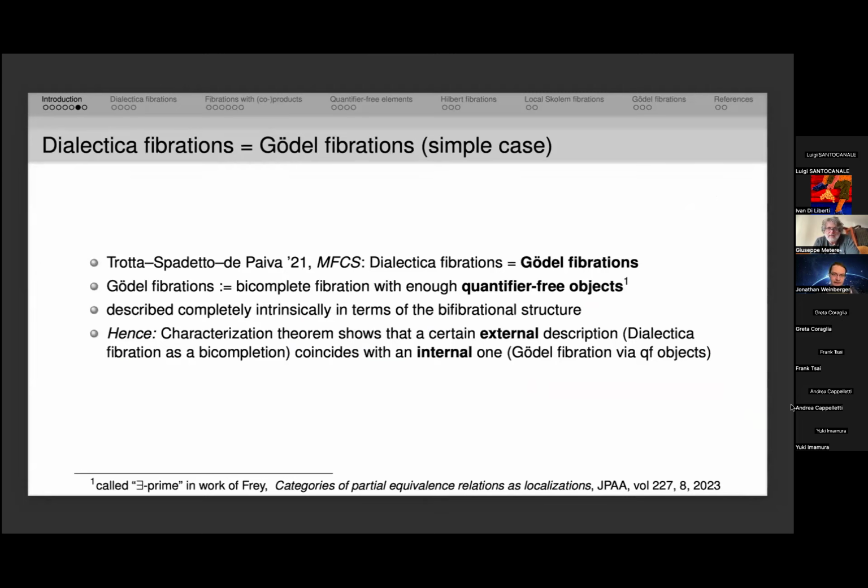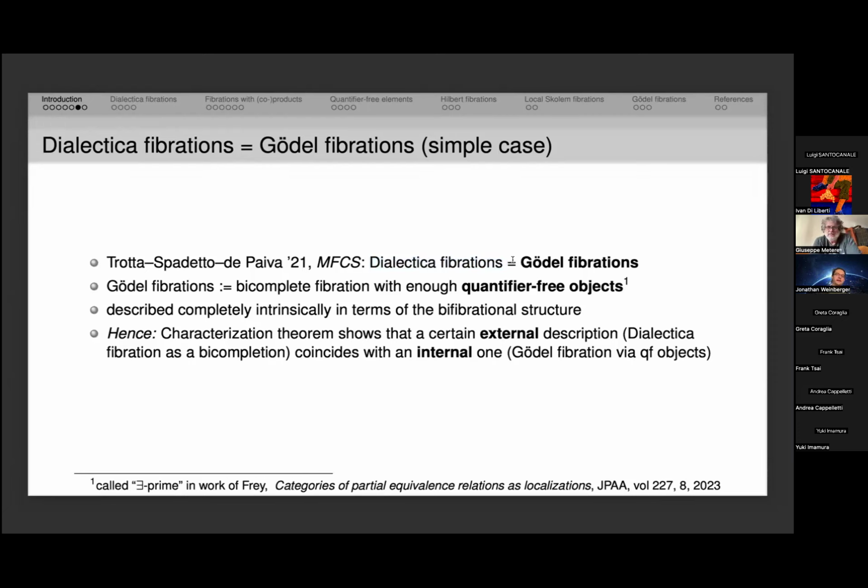So there has been some previous work by Trotta, Spadetto, and de Paiva, who showed that in the case of simple products and co-products, which are non-dependent, in the type theoretical terminology, non-dependent sums and products, these Dialectica fibrations coincide with what's called Gödel fibrations.